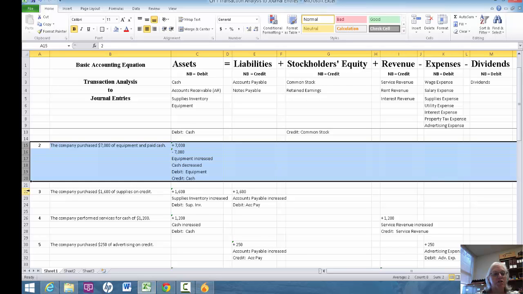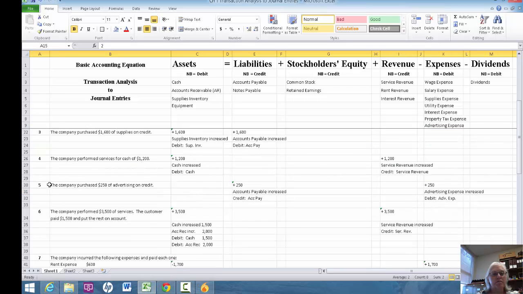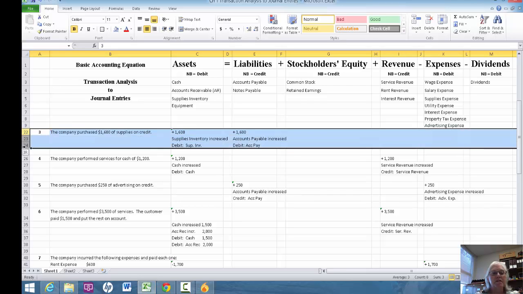All right, transaction number 3. The company purchased $1,600 of supplies on credit. So we're going to put those supplies into an asset account called supplies inventory. So our assets increased, and because it's on credit, that means we charged it, and accounts payable, or our liabilities, will also increase.